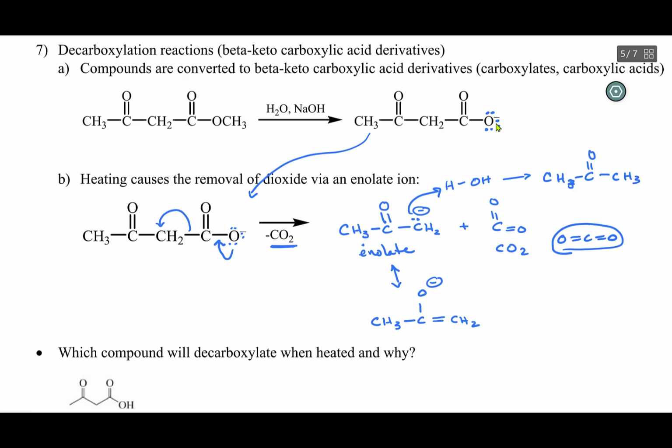So that's a very important reaction. You can do both carboxylation and decarboxylation. The requirement for this to work is that lone pair of electrons has to be stabilized somehow, and typically for these reactions, it's stabilized by resonance.